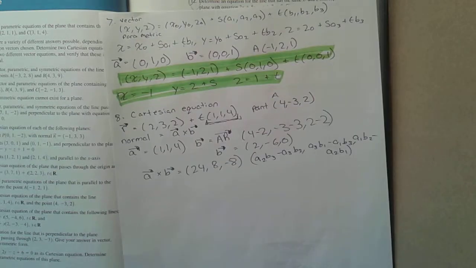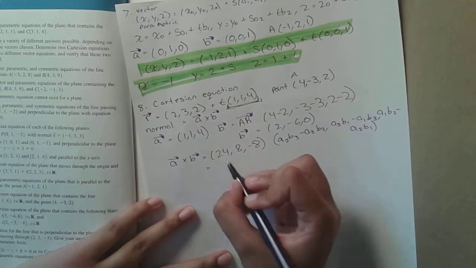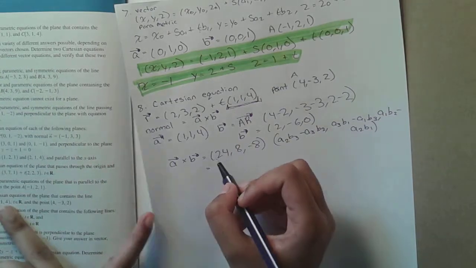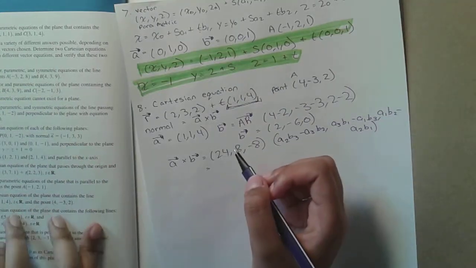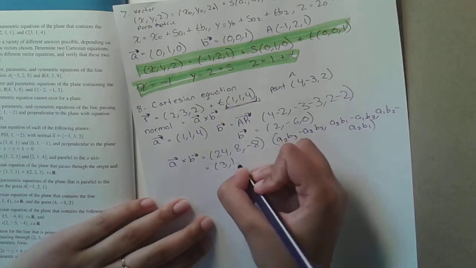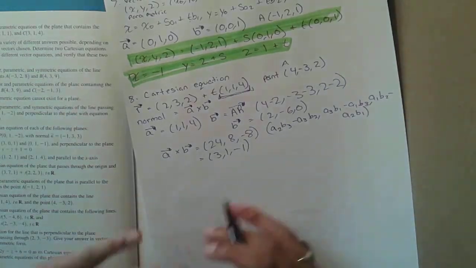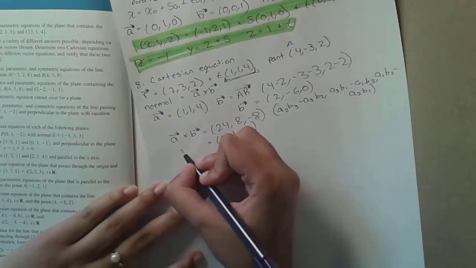This is the equation. So when I did that, I got this, and I could simplify this by dividing everything by 8. And when I divide everything by 8, the coordinates are 3 and 1, -1. So now this is our normal.